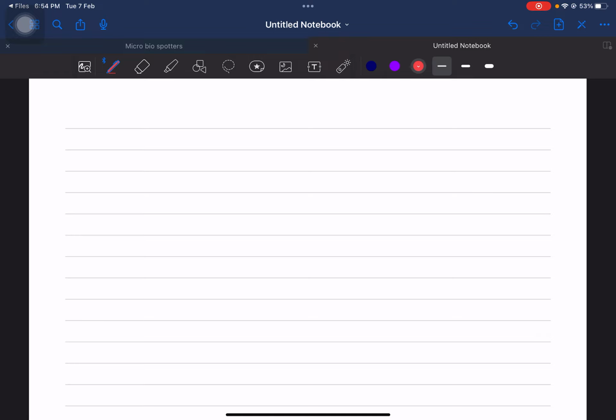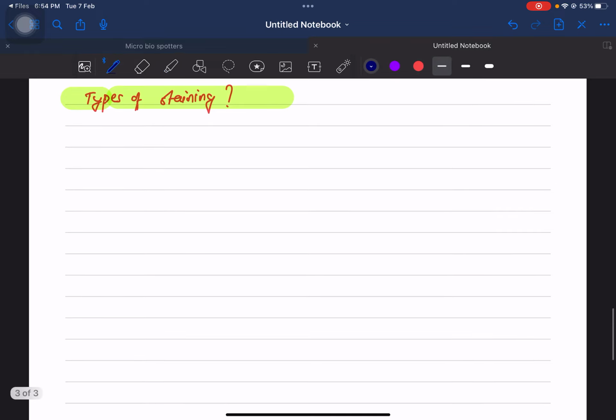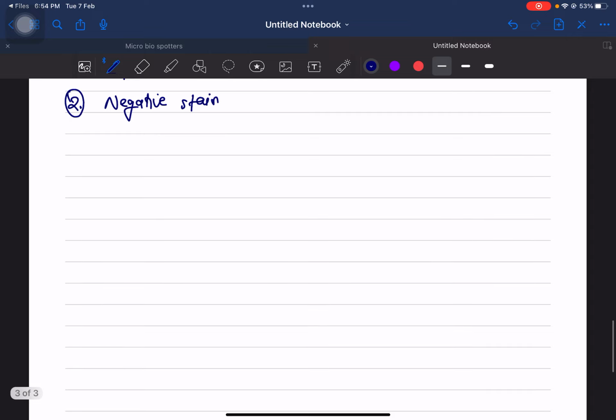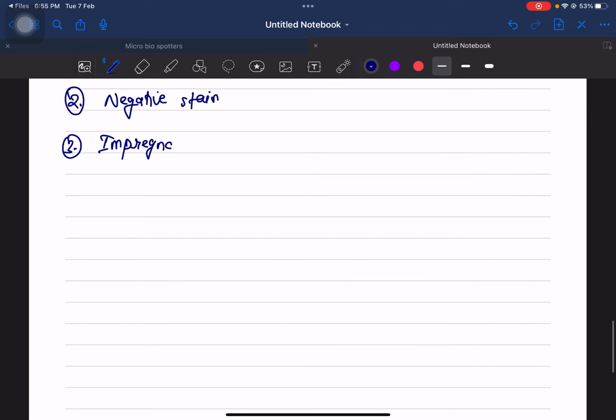Now you must know about the gram stain and what the other types of staining are. Types of staining can be simple stain, negative stain, or staining by the impregnation method.